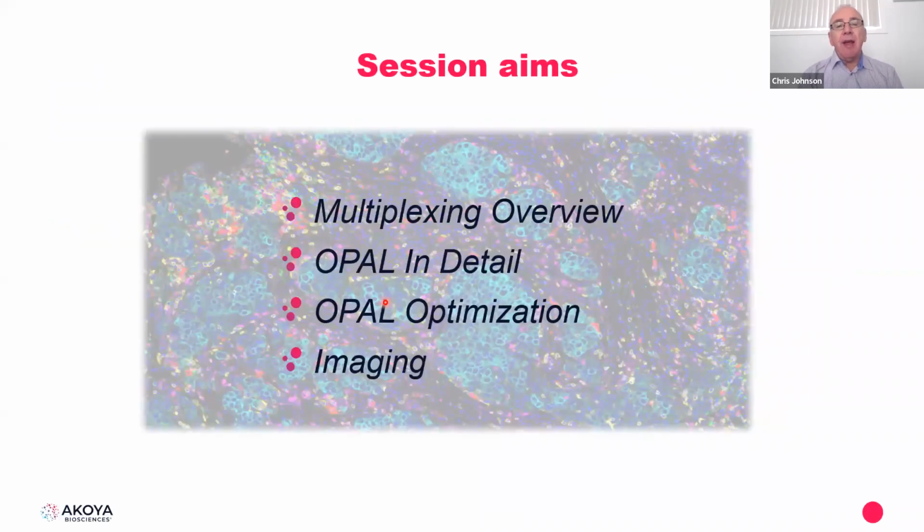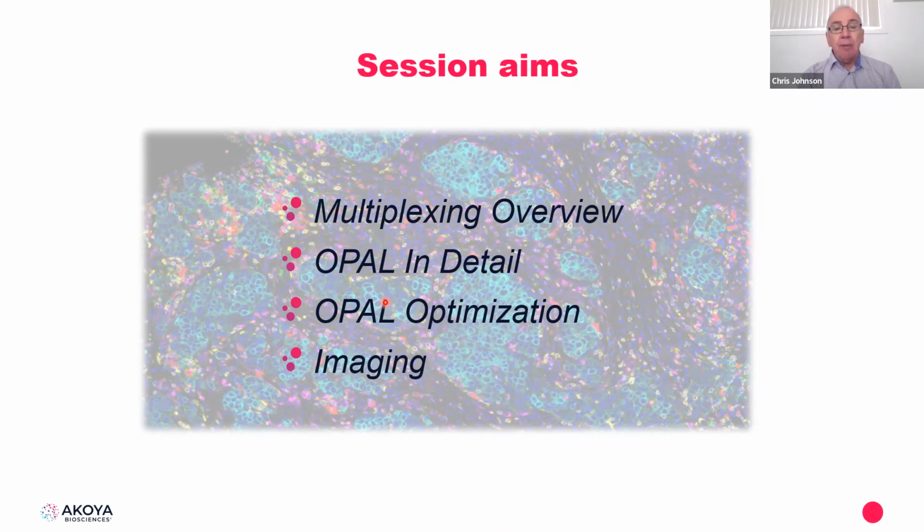So what I want to do today, if I can, is just to go over a number of points which I hope you will find interesting. The talk is directed more towards those of you who have not really done Opal much in the past. For those who are really expert in it and are listening, hopefully it might be a bit of a revision.